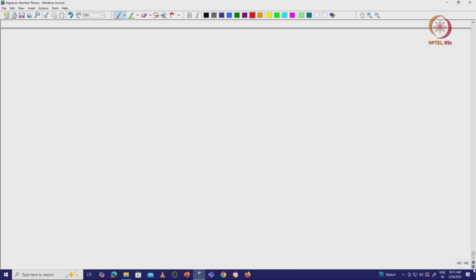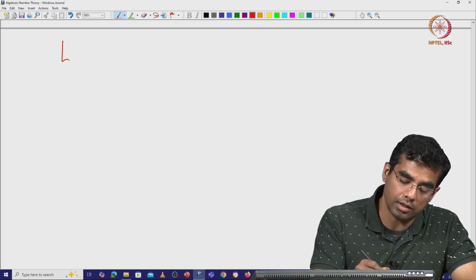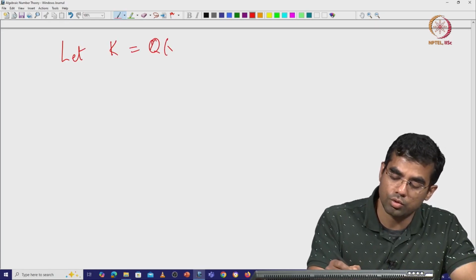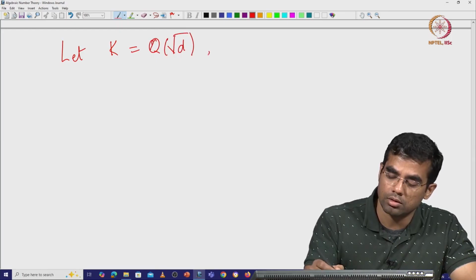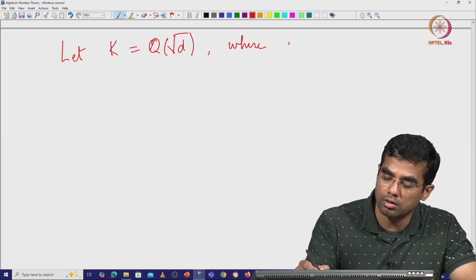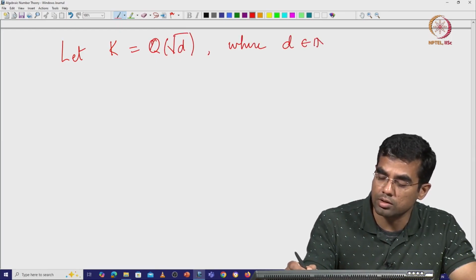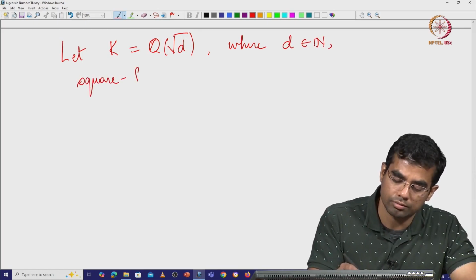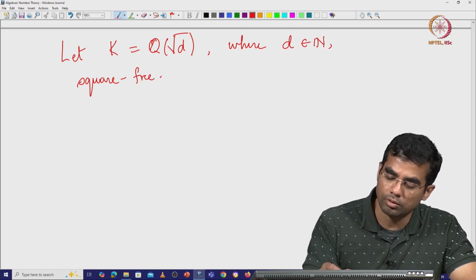We will not study the class group as such in general, but the unit group in real quadratic fields. So, let k equal Q of square root of d, where d is a natural number and it is square free. Okay.